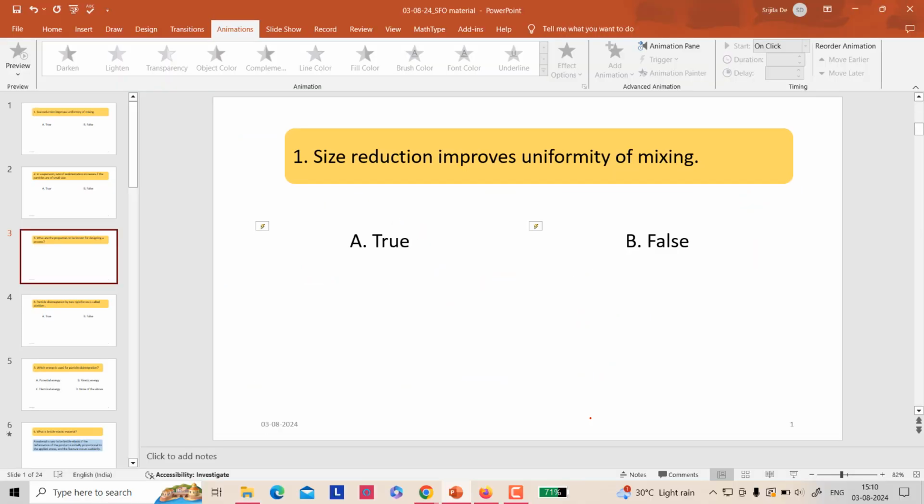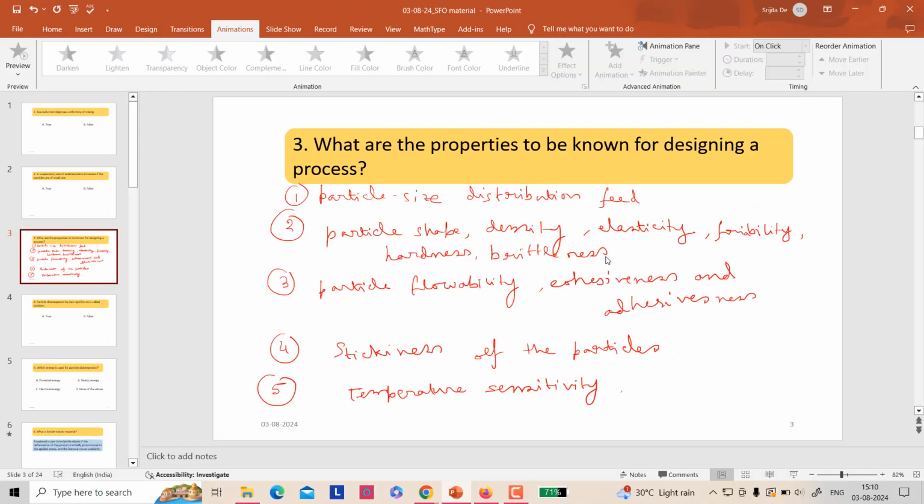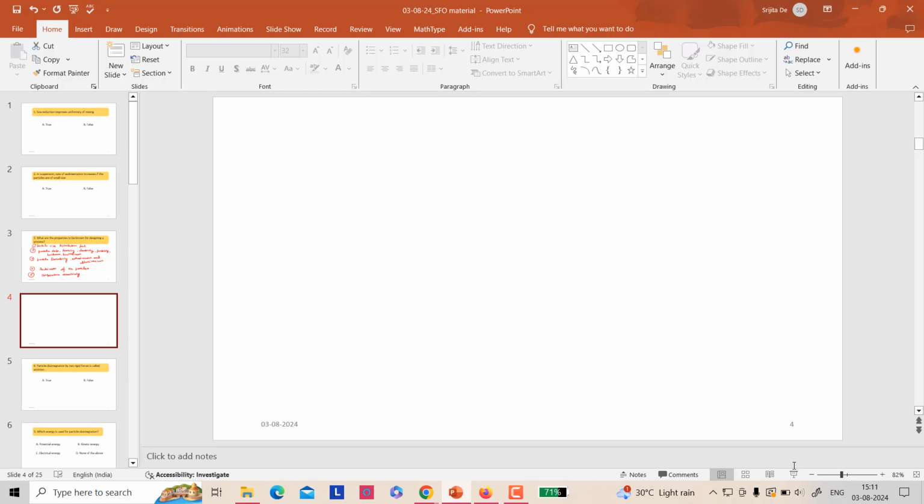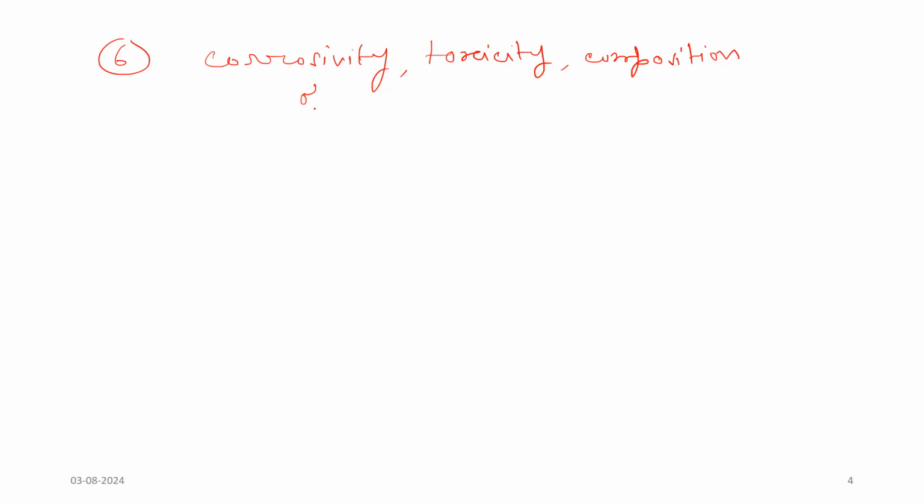Then the sixth one is the corrosivity of the particles, toxicity, composition of the particle.